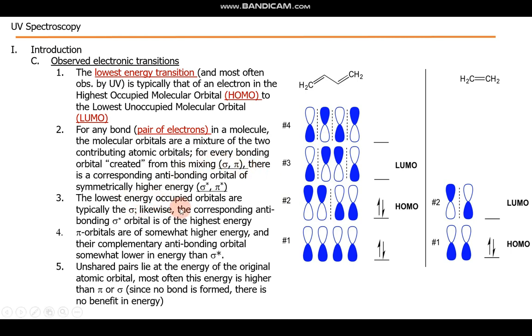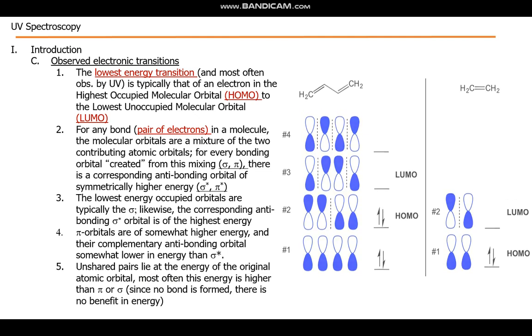So the lowest energy occupied orbitals are typically sigma. Sigma have the lowest energy, pi would have greater energy, but in case of non-bonding, anti-bonding molecular orbital, sigma star would have the higher energy than that of the pi star molecular anti-bonding molecular orbital. Unshared pair of electrons would lie in non-bonding orbitals. These are represented by n, and they would have the energy just equal to that of the atomic orbitals.